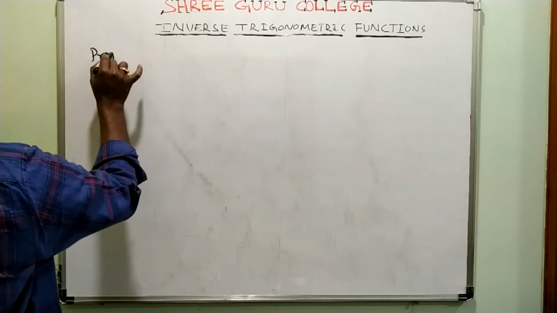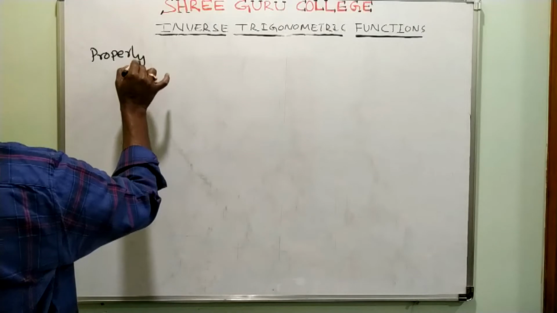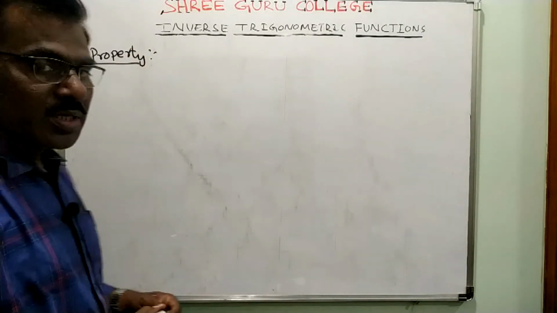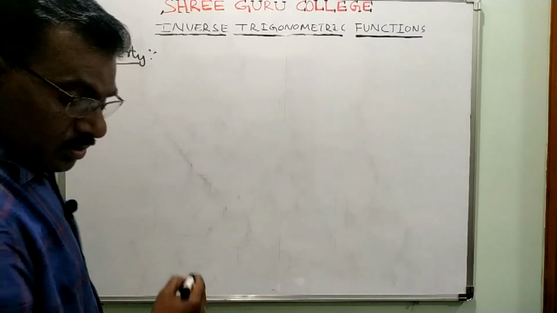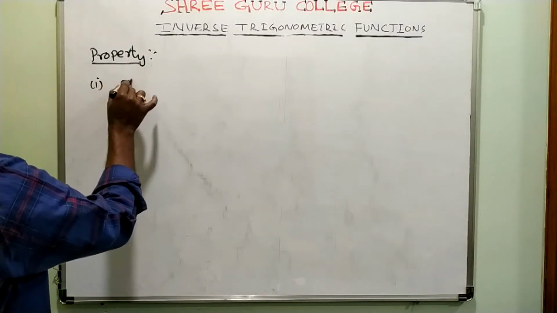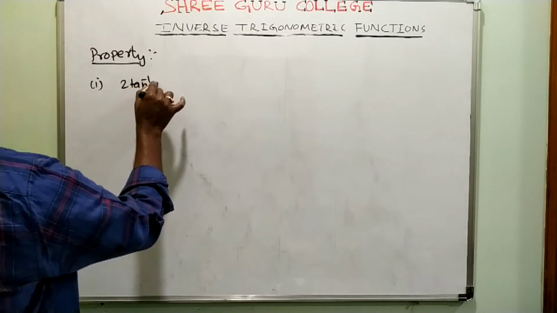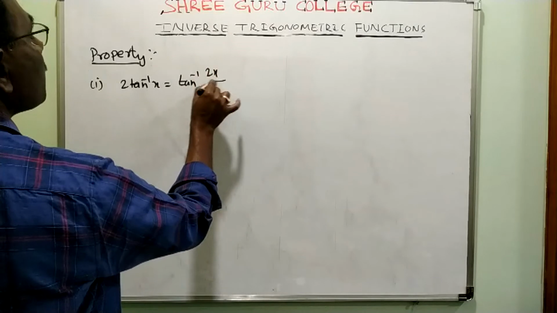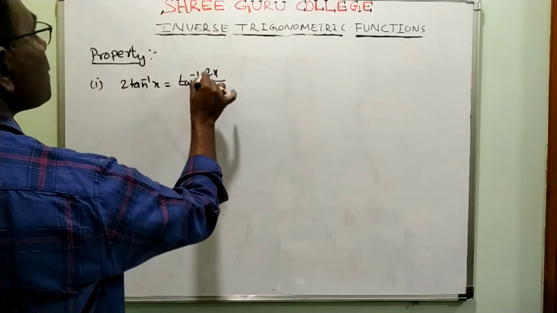Next property. I don't know the serial number, I am just taking one property. First one: 2 tan inverse of x is equal to tan inverse of 2x by 1 minus x square.